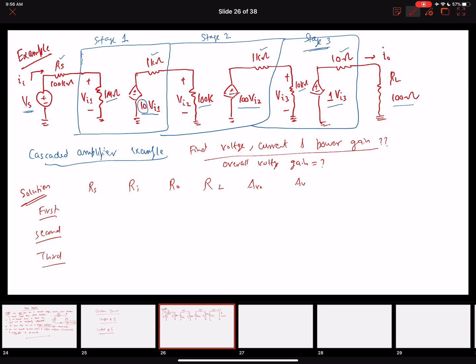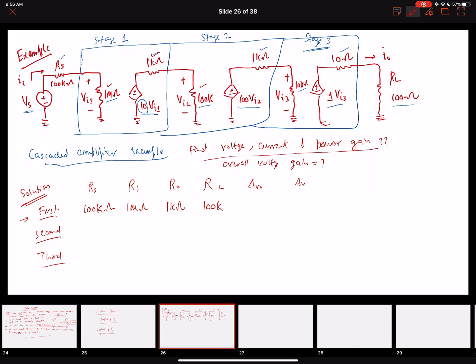All right, so for the first stage of an amplifier, let's look at the first stage now. The value of the source resistance is 100 kilo ohms. The value of the input resistance is 1 mega ohms. The value of the output resistance is this one, 1 kilo ohms. The value of the load resistance that will serve as a load for the first stage will be this resistance, 100 kilo ohms.